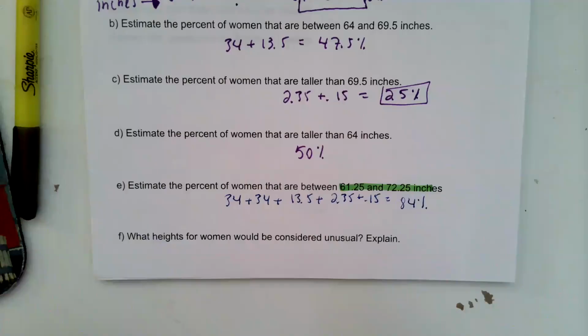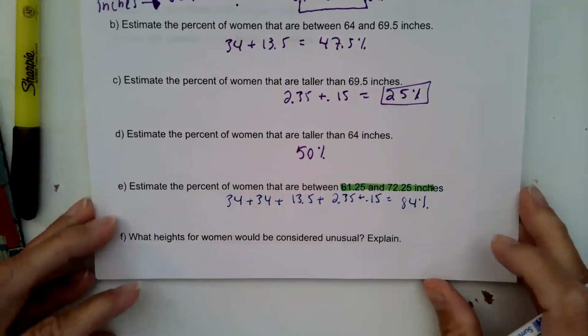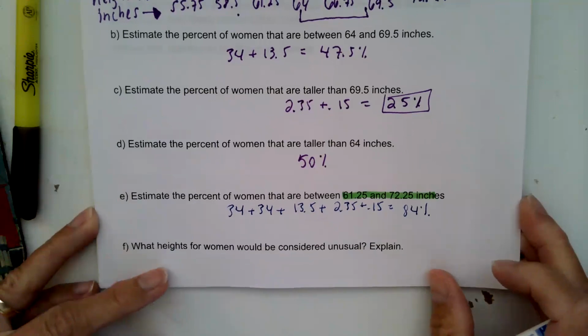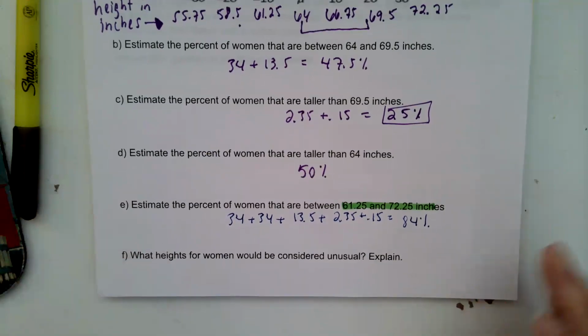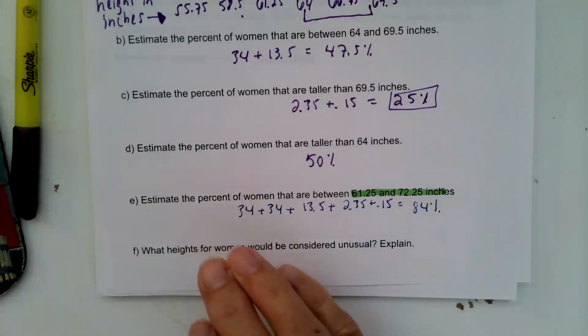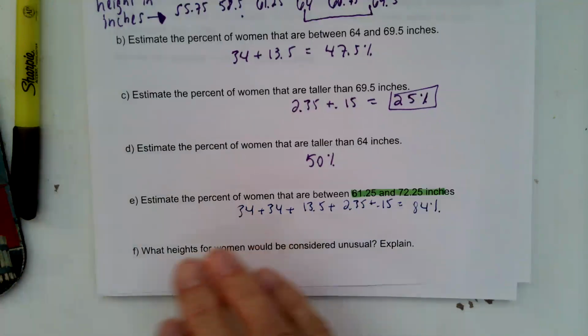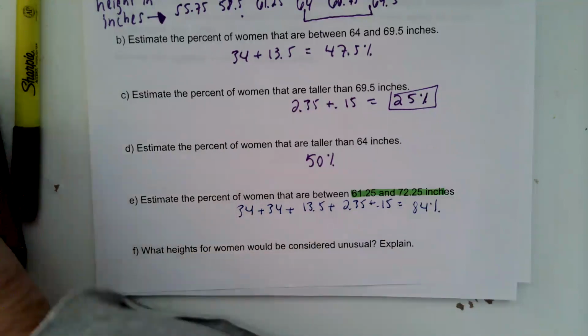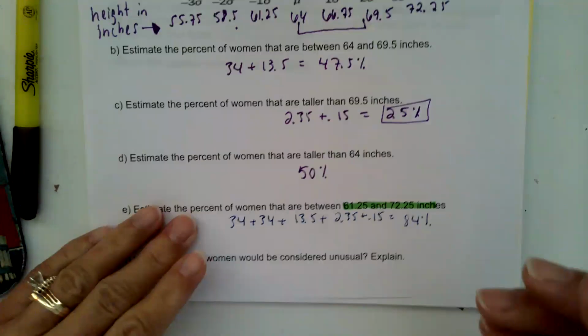What heights for women would be considered unusual? To be considered unusual, we're talking about any value outside of 2 standard deviations. And that is shown on your notes on the page prior.